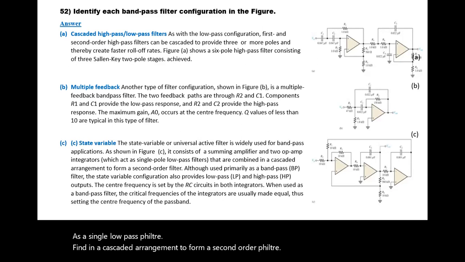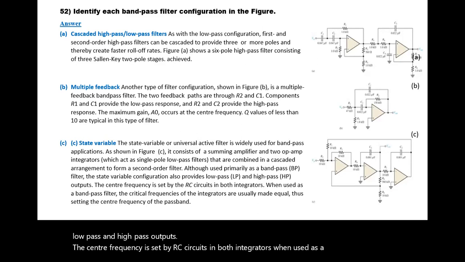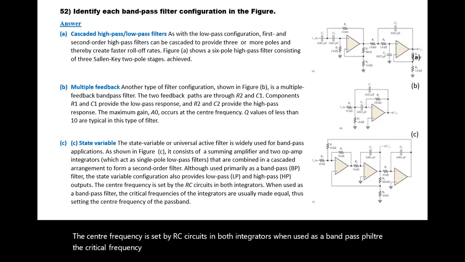Although used primarily as a bandpass filter, the state variable configuration also provides low-pass and high-pass outputs. The center frequency is set by the RC circuits in both integrators. When used as a bandpass filter, the critical frequencies of the integrators are usually made equal by setting the center frequency of the pass band.